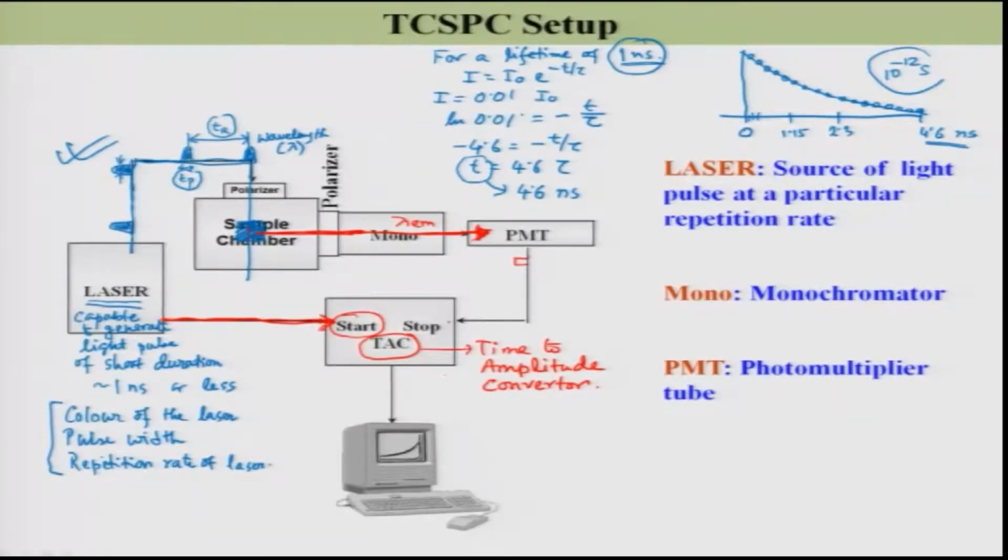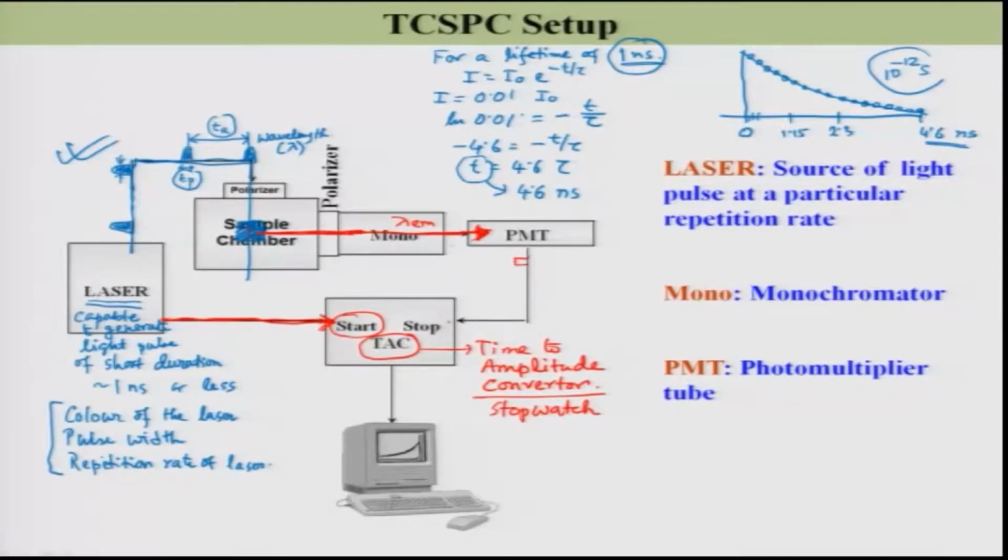What will the stopwatch measure? The stopwatch will measure my tach. Here stopwatch means my tach. So, this stopwatch will measure the time delay between the start and the stop. That means, you have excited your sample and the photon is not coming out immediately.